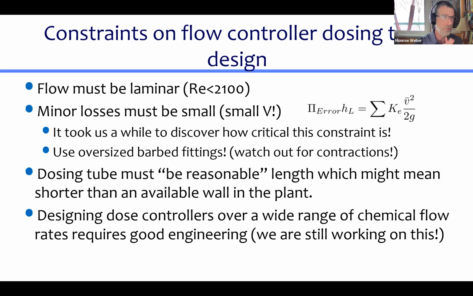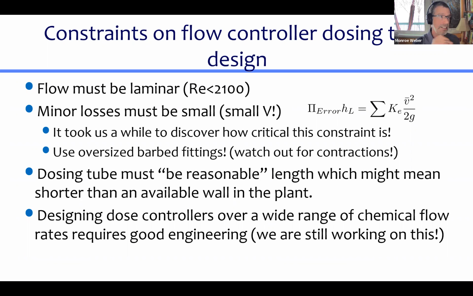So there's the equation for those losses: the losses in those tubes are a minor loss coefficient times v squared over 2g, where v is the velocity in the tube. And then the left-hand side is this pi error times head loss.